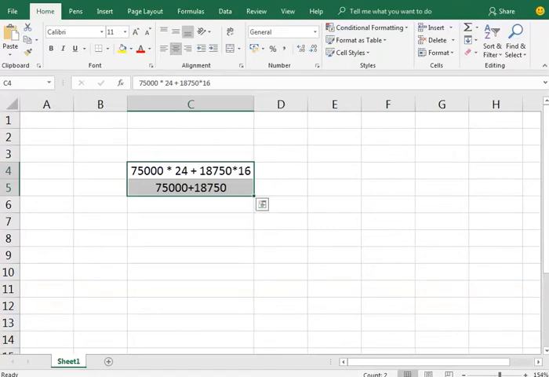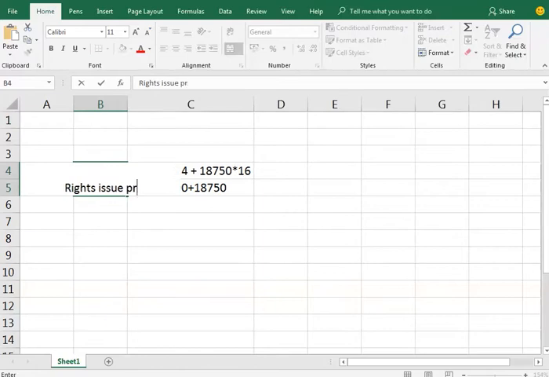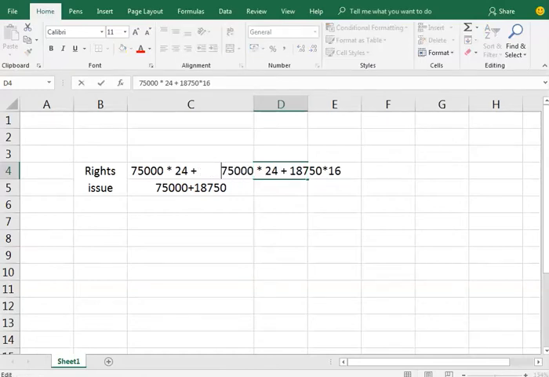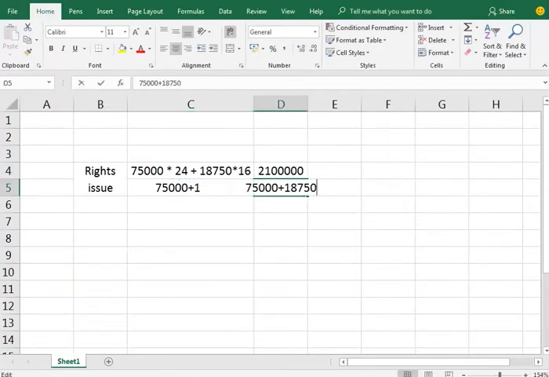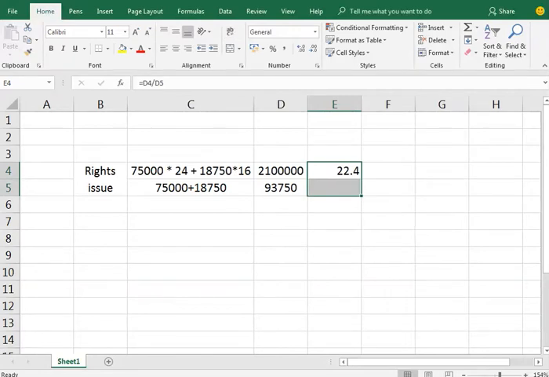So 75,000 into 24 plus 18,750 into 16 divided by 75,000 plus 18,750 is $22.4.